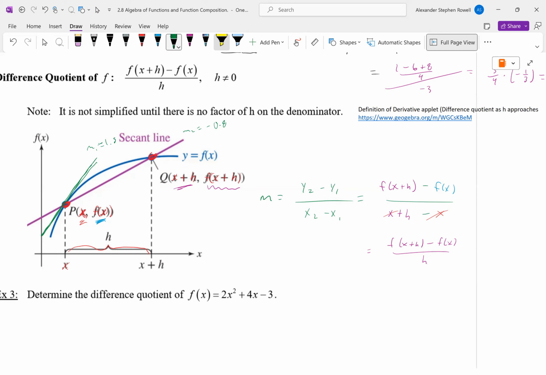Can you imagine the new secant line? I'm just going to drag this point over here, and now my new secant line is this red line. How's that slope match up with the green line? It's closer. What if I want to be more accurate? Make h smaller, and it's closer. What if I want to be infinitely accurate? Let h go to 0.